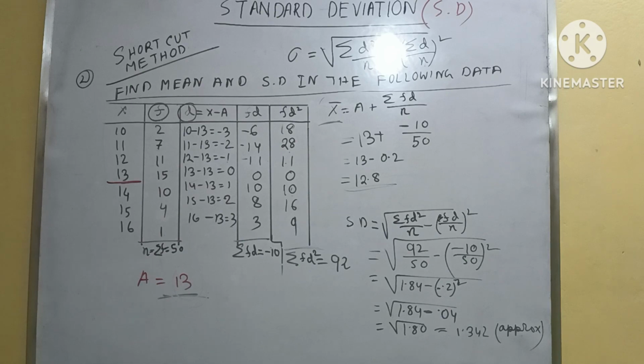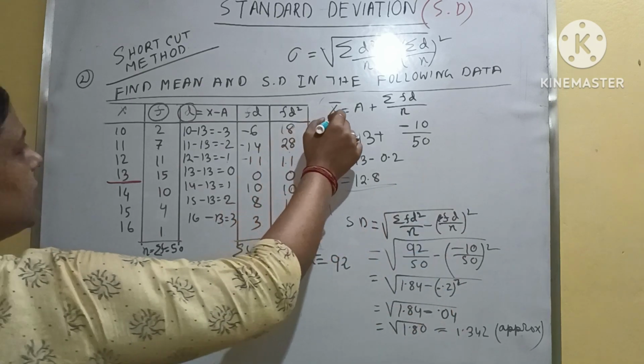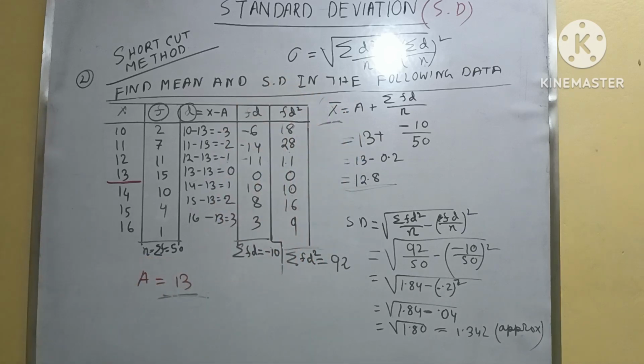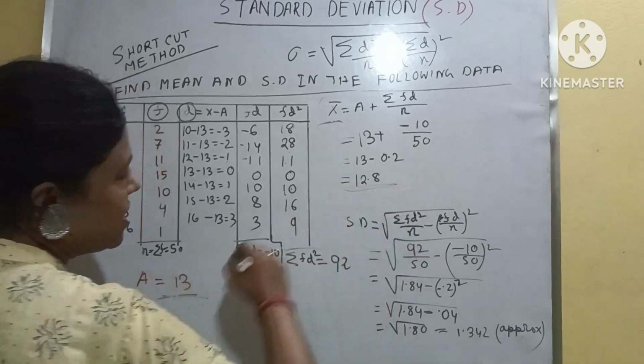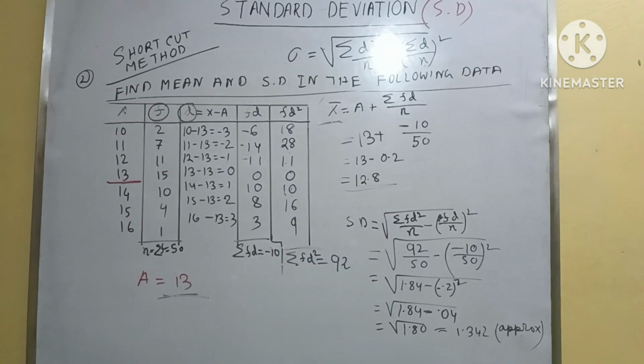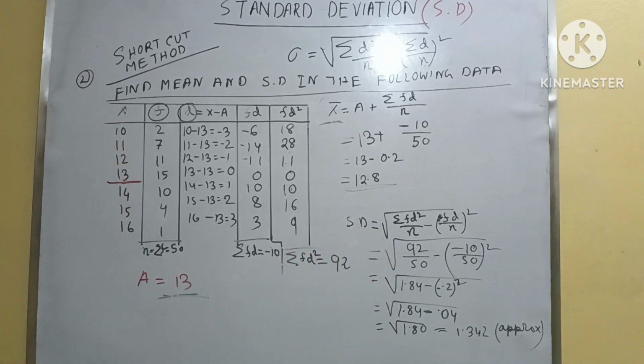Here is the formula, and this is the formula of the mean. Just putting in the values, we calculate the actual mean, and by putting in the values, we calculate the SD. So you understood all.